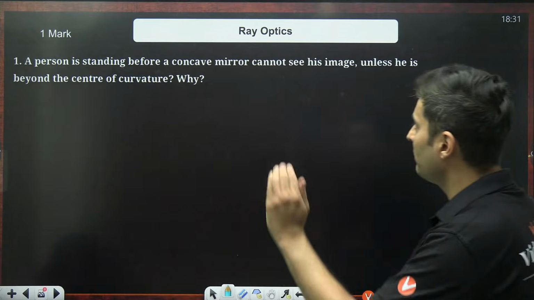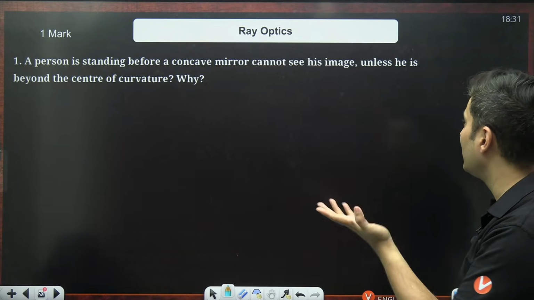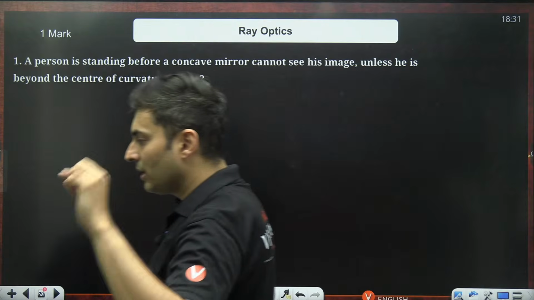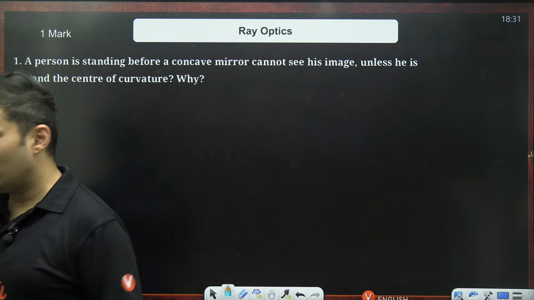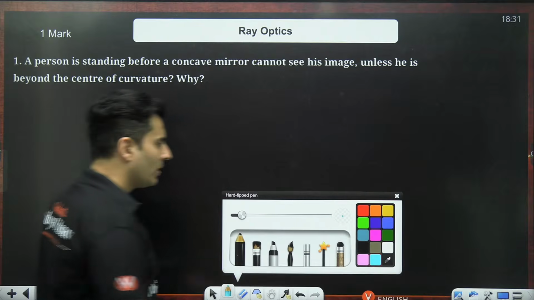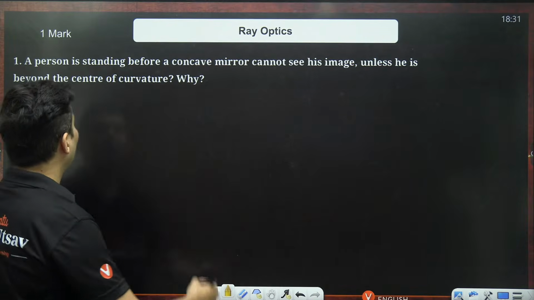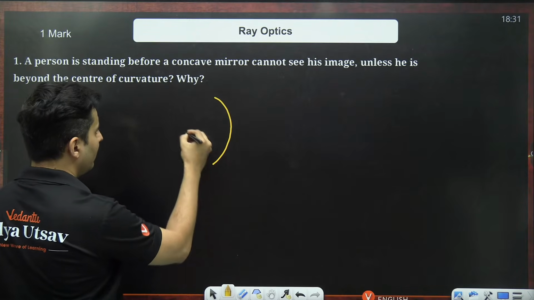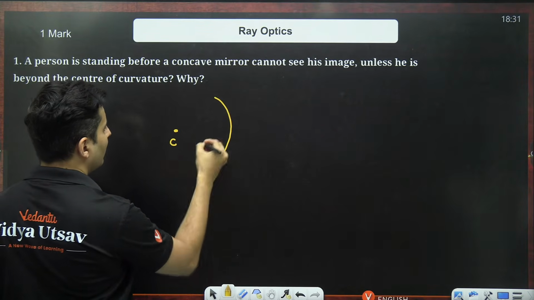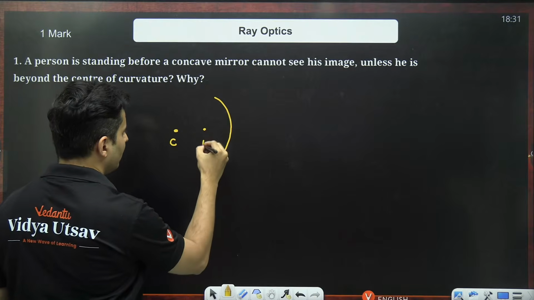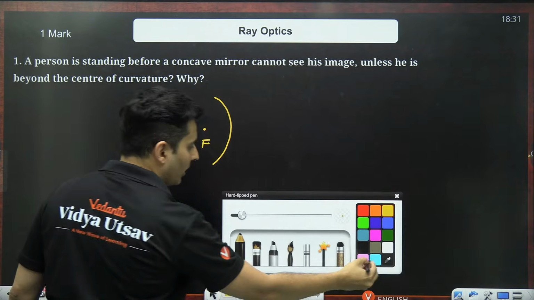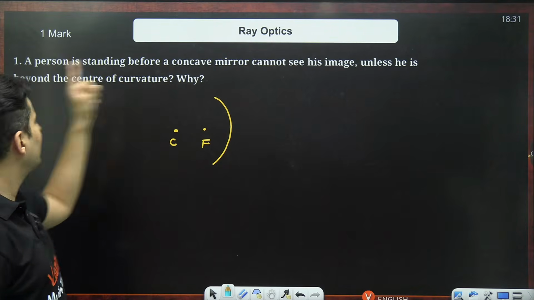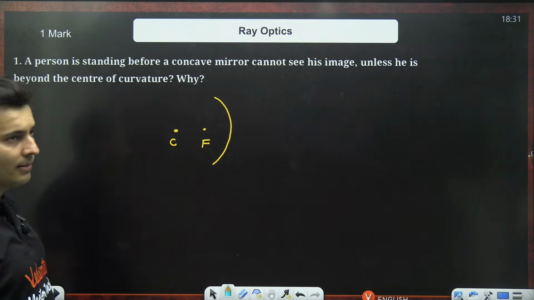A person standing before a concave mirror cannot see his image unless he is beyond the center of curvature. Why? Now, this kind of question, what will you do? You'll explain it by a ray diagram, all right, not just by formulas. So when you are standing in front of a concave mirror, this is the center of curvature, this is the focal point. You cannot see your image unless you are beyond the center of curvature.